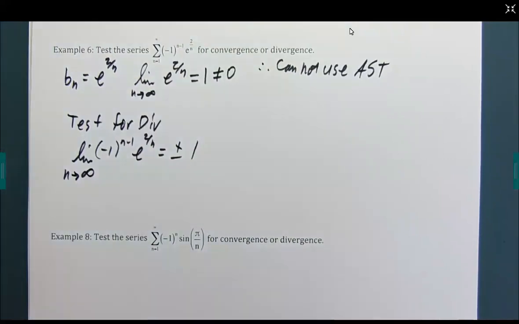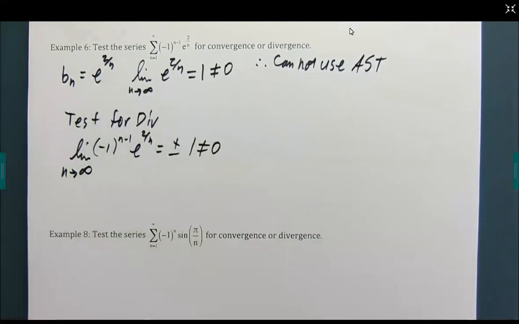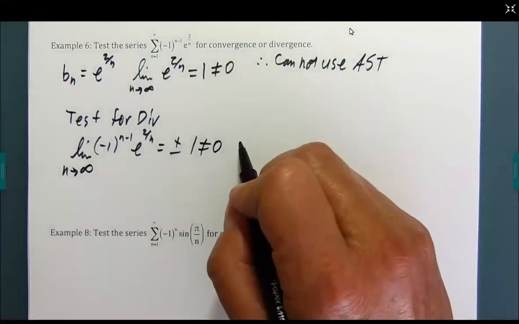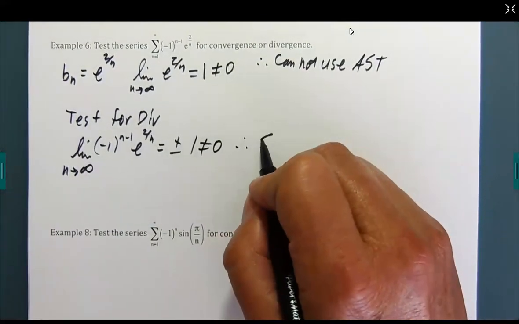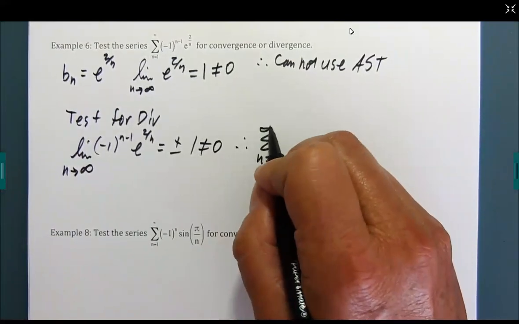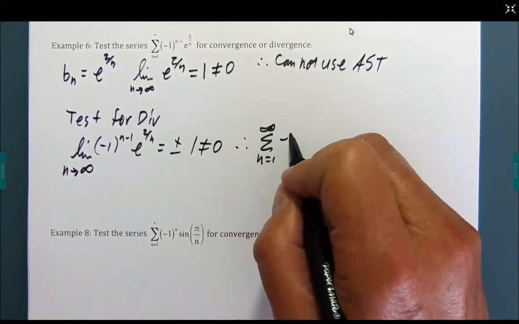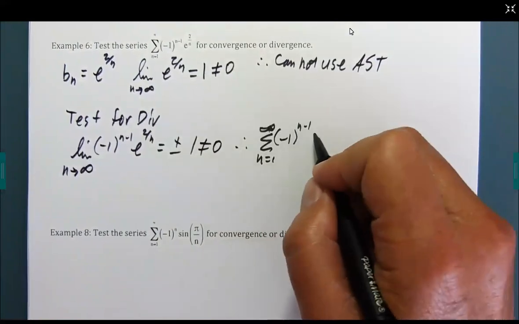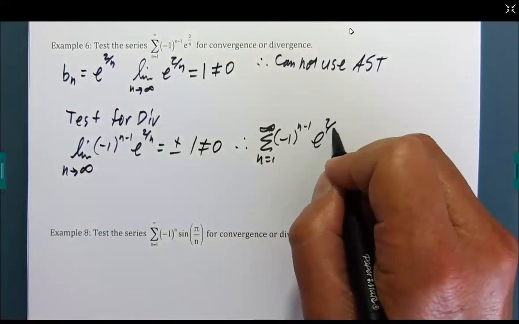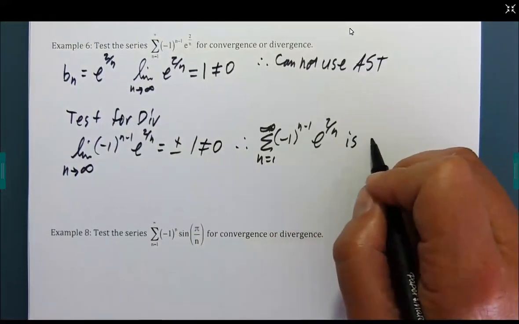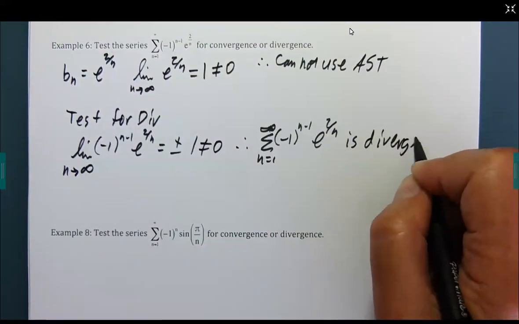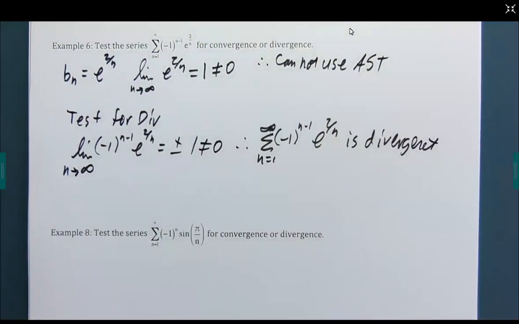And the point is, it's not 0. All right. Oh, so our conclusion, therefore, is divergent. The test for divergence.